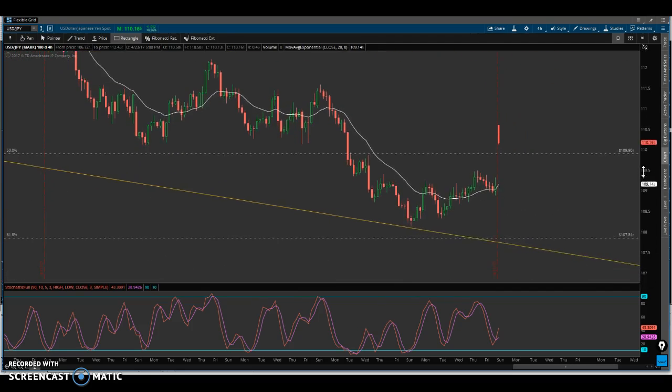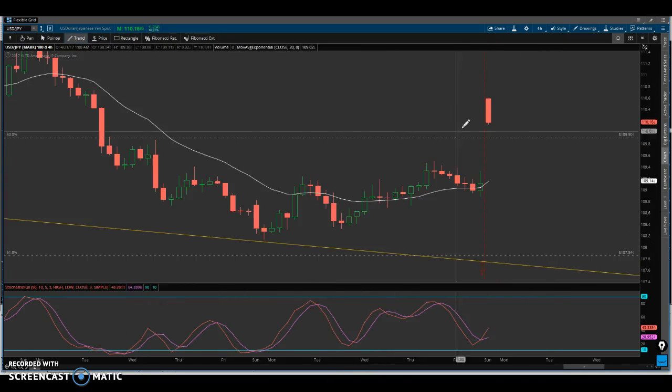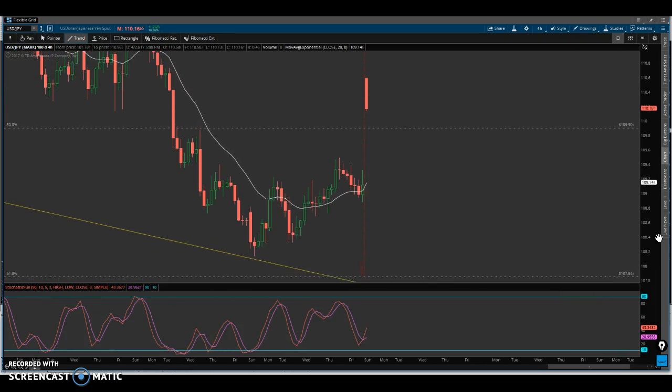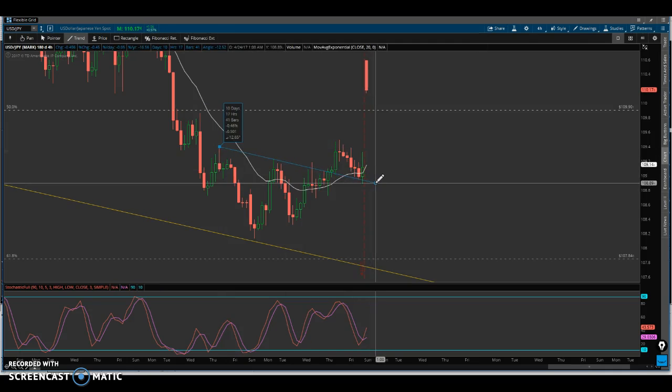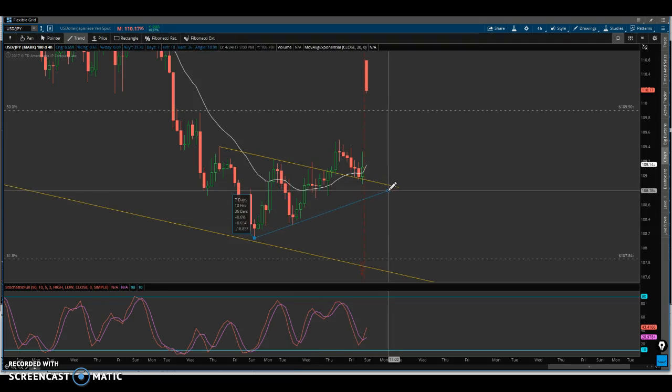As we put in that daily pin bar reversal, which is encompassed by these few candles here, we put in a higher low on the 4-hour chart. So you can see here, if we do a little bit more analysis on the 4-hour chart, we're doing a little wedge pattern here, which is one of my favorite types of patterns to trade.